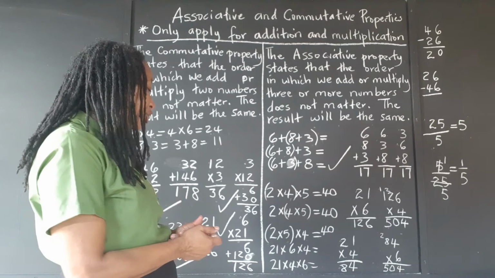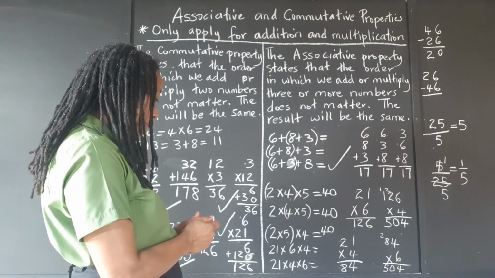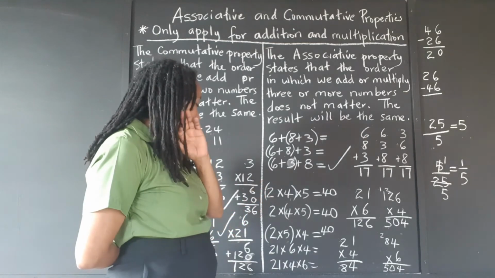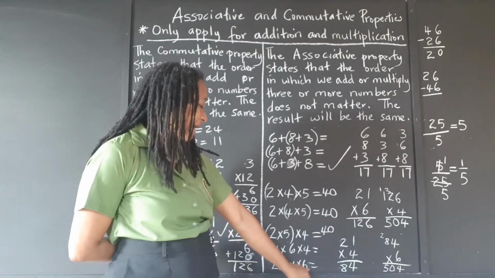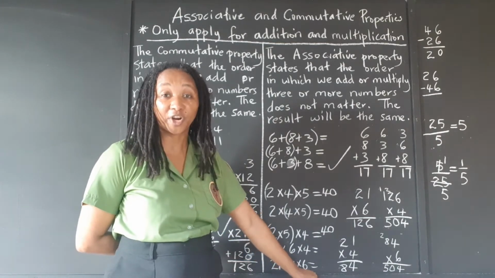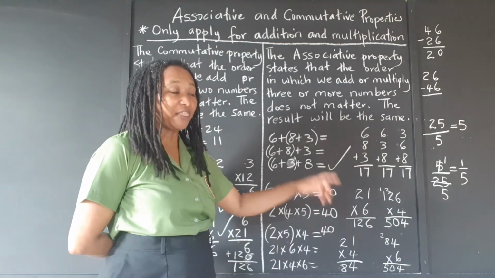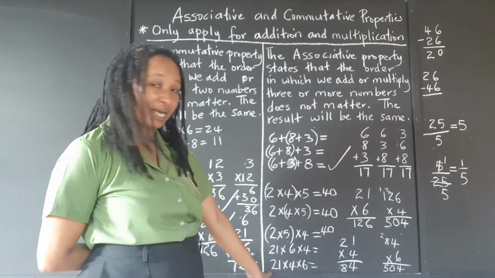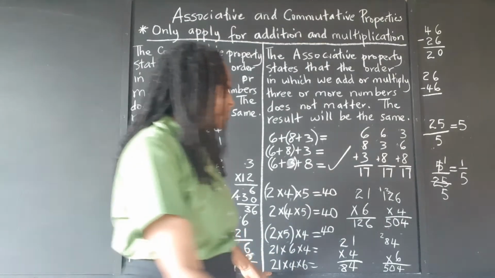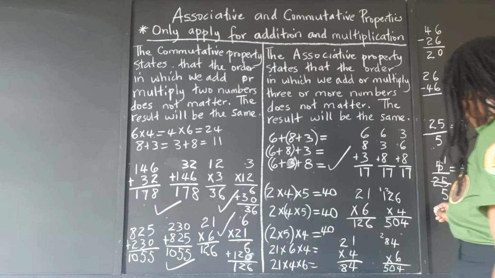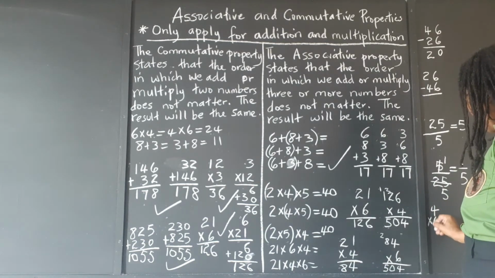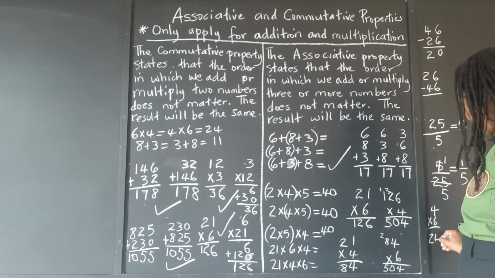Now I think we should check to see, suppose we had multiplied the 4 times 6 first and then multiply that answer by 21. Let's check that. So 4 times 6 would give 24.